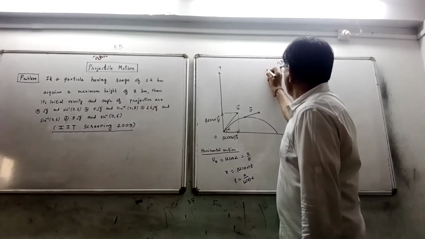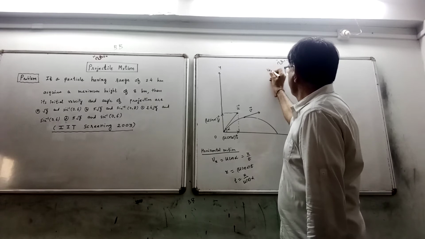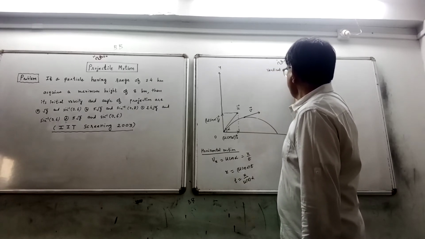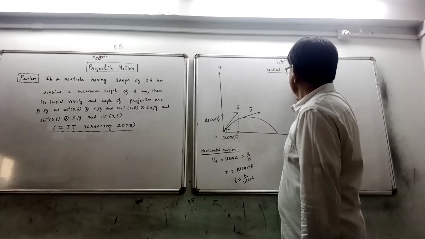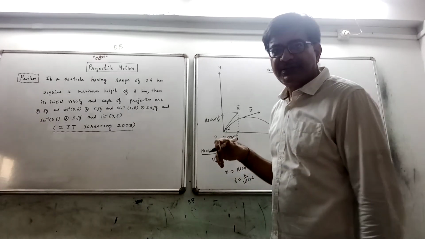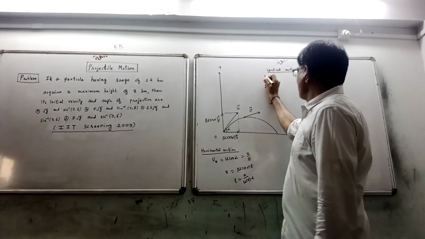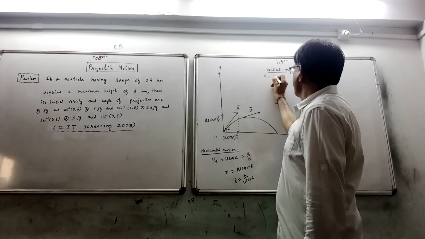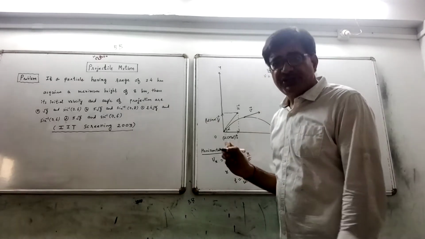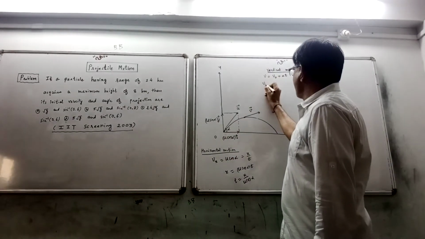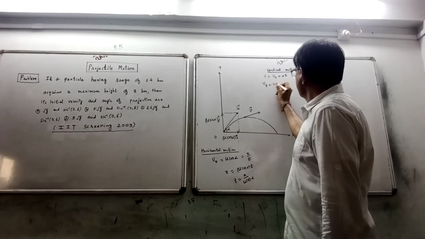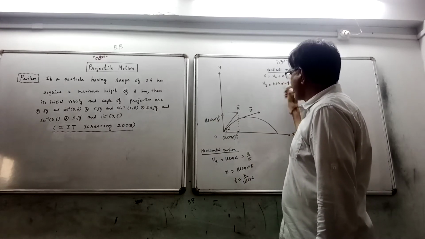Now vertical motion, or motion along the y-axis. We know that v equals v0 plus at for accelerated motion. Here v is vy, v0 is u sin alpha, and a is minus g because it is opposing the motion.